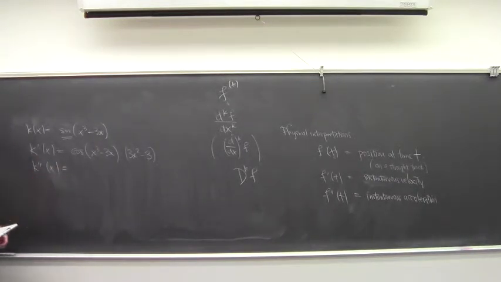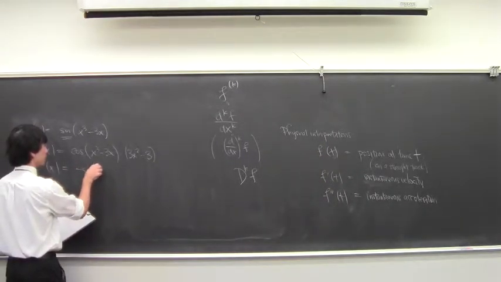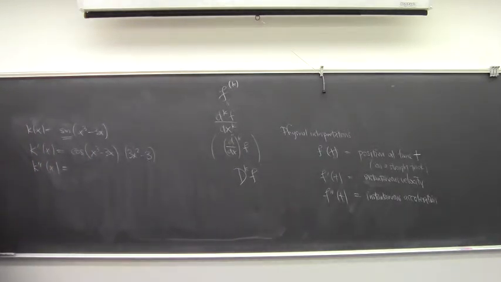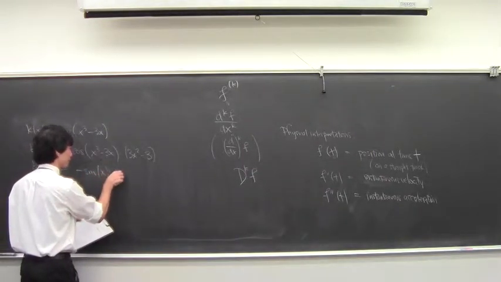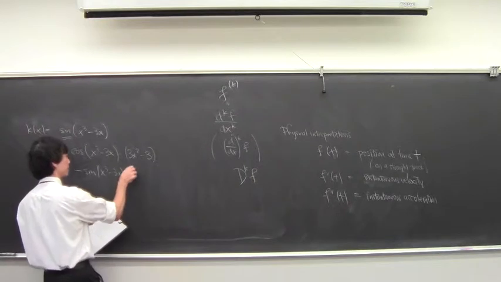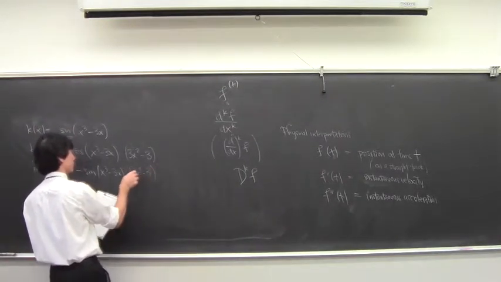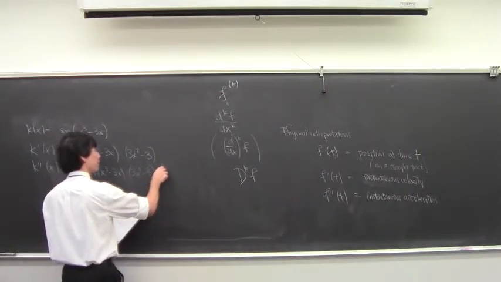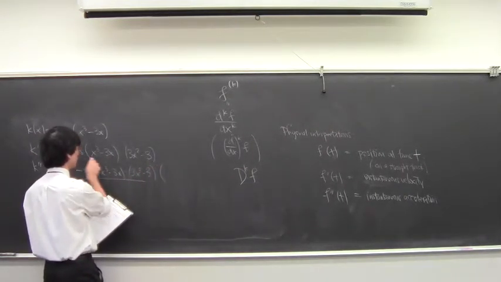Yeah, so then it would be negative sine. Oh, would you have to do the chain rule like twice? Oh, so it would be negative sine of (x cubed minus 3x) times (3x squared minus 3) times (2x minus 0). So you use the chain rule on this guy.